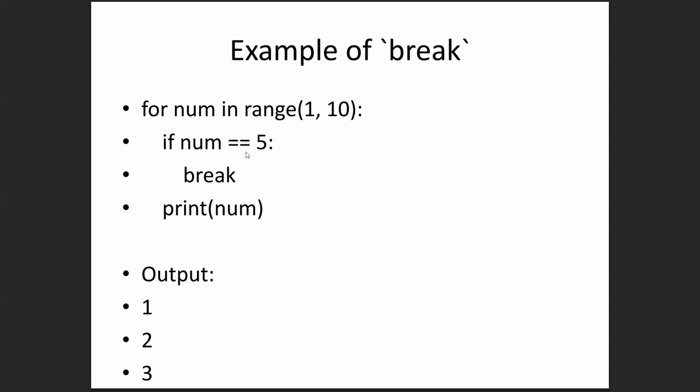Whatever value you mention in that condition will not be printed because you are using that break statement. It will break there, come out of the loop, and not do any further iterations. It means up to the value of 4 only it will be printed. So the output will be 1, 2, 3 and 4.